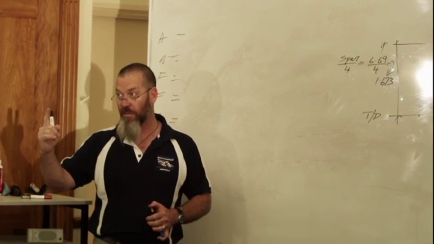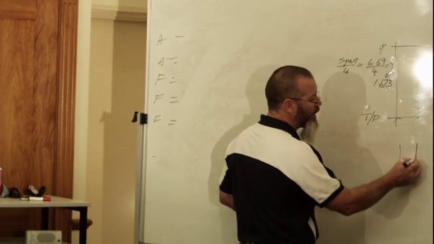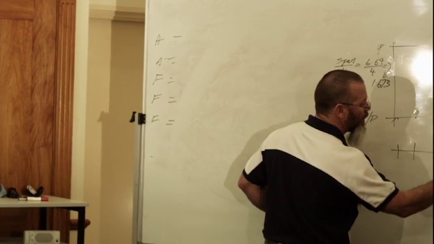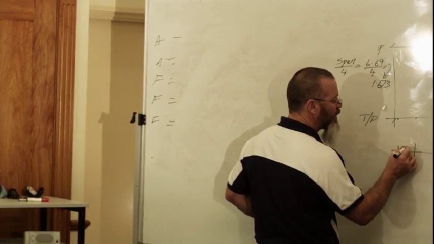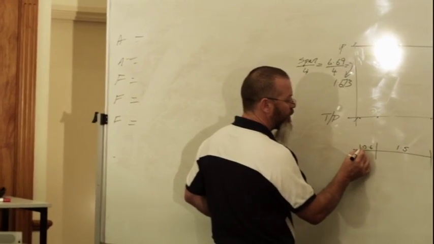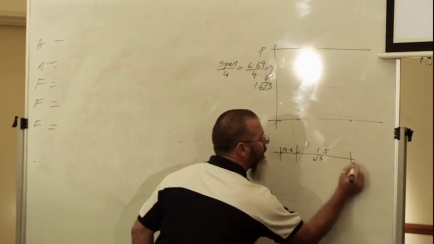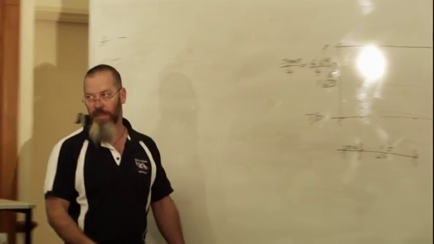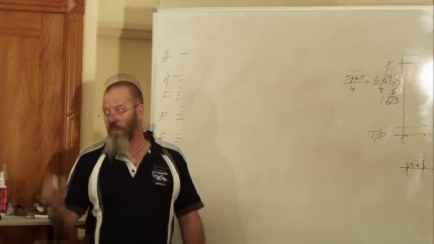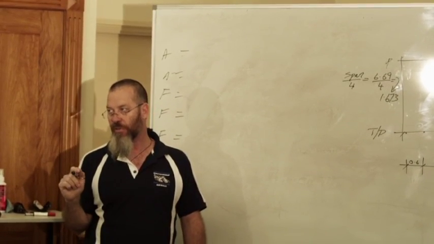Formulas remain the same. It's just the dimensions that vary. So this one here is 0.6. This one here is 1.5. And what I'll do under here is just write window 5, which is in the kitchen upstairs. The other rule I wanted you to focus on was having your rafters directly over the top of your studs.